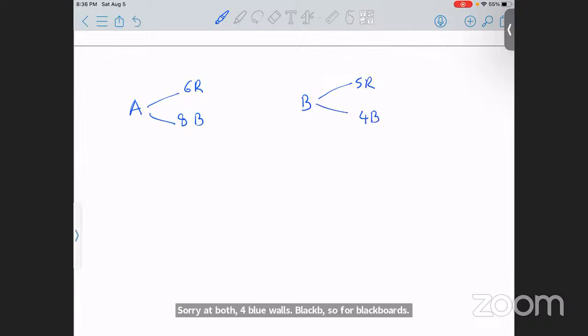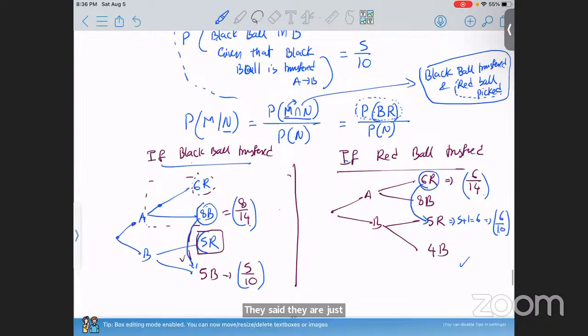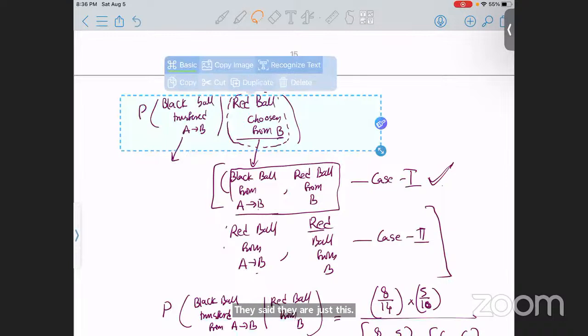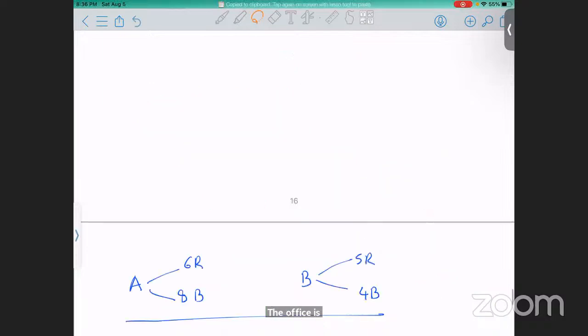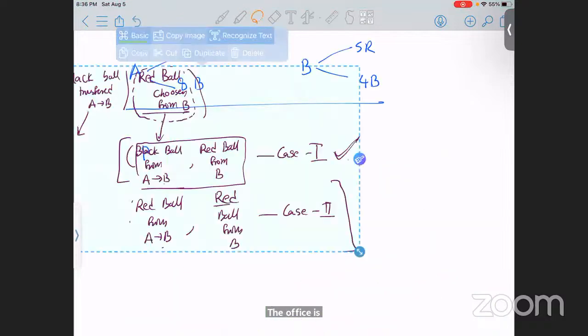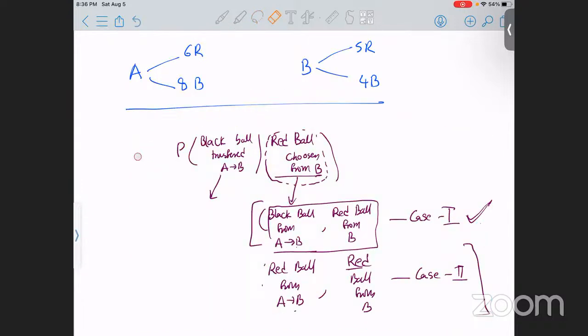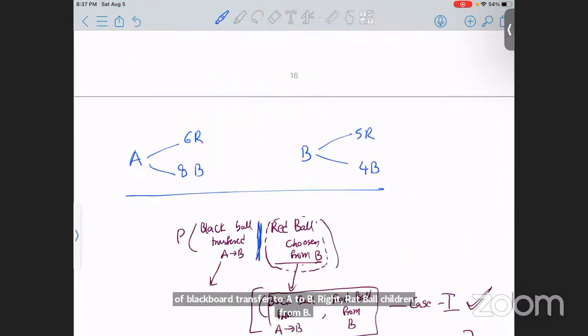They asked us this: the probability of a black ball transferred from A to B, given that a red ball is chosen from B. Look at this carefully.